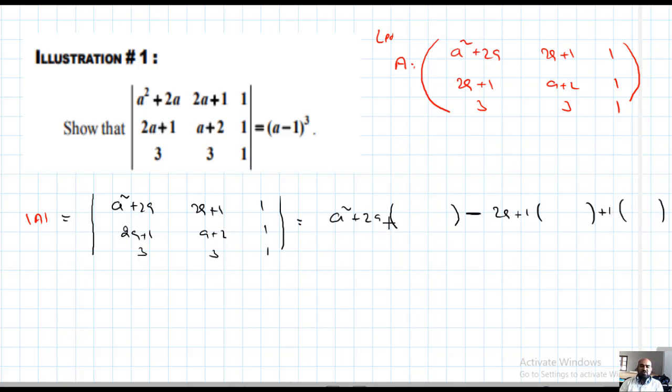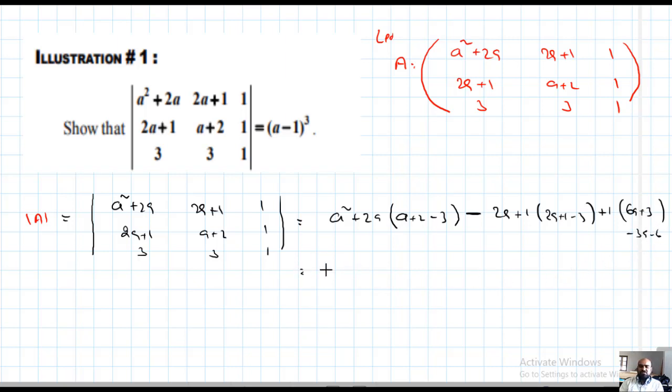So this is A plus 2 minus 3. Here 2A plus 1 minus 3. Observe, 2A plus 1 minus 3. Here 6A plus 3, minus 3A minus 6.